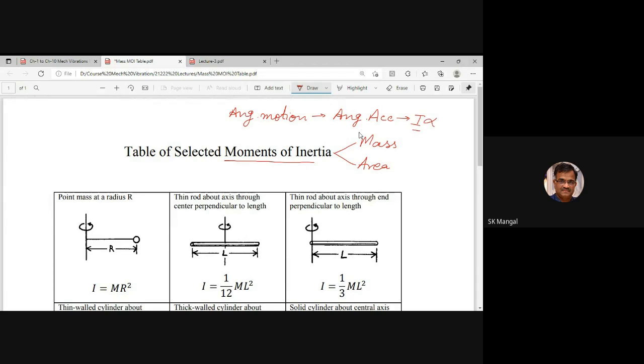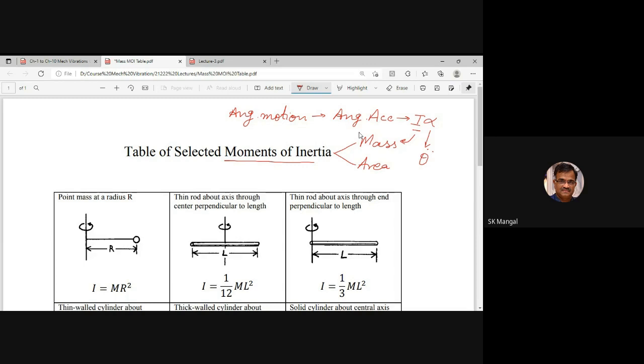I is basically a mass moment of inertia, and this will be taken about some axis. Sometimes it is about the center of gravity, or sometimes it is at one end of the body. And alpha is basically the angular acceleration, nothing but theta double dot.